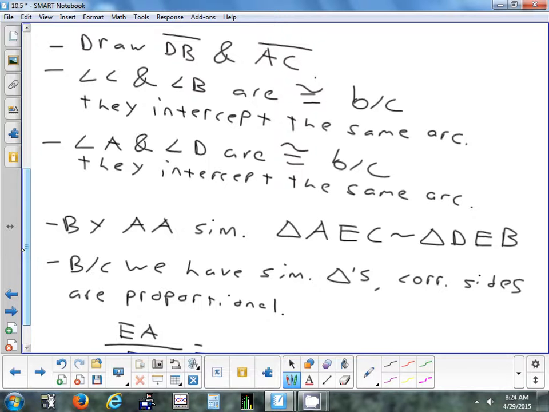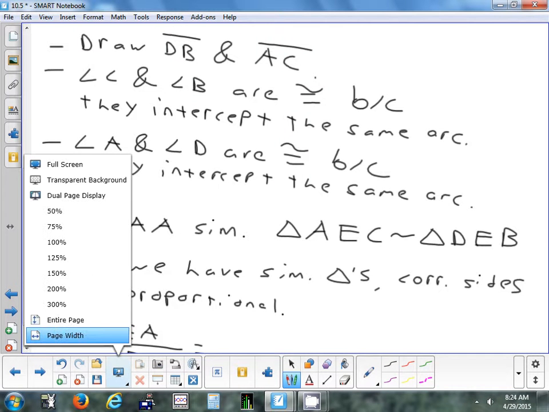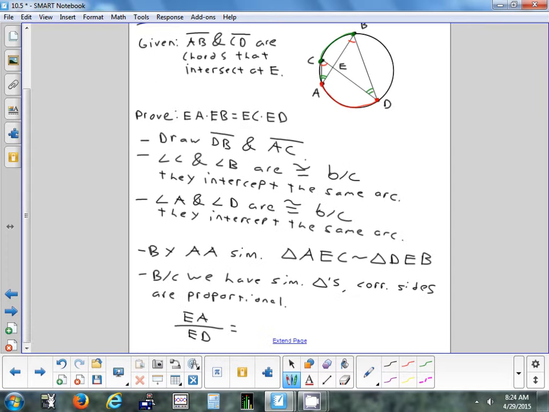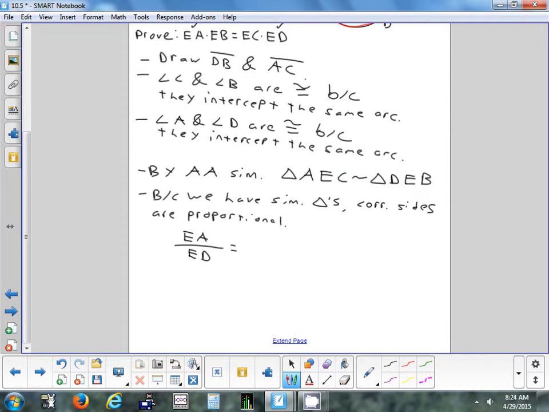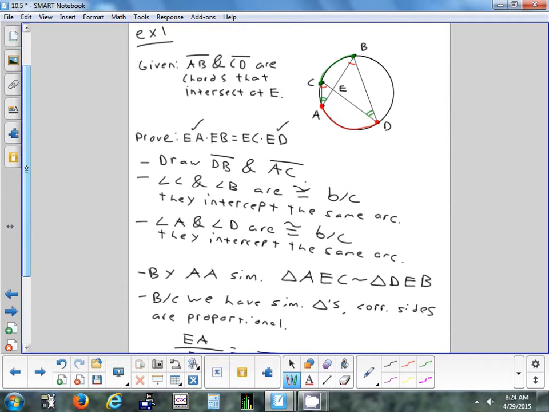Okay, what other side do you think I need to use in the first triangle? It's not EA. We used EA. We've got to use it because we want to see it in the final answer. We used ED. What's another side we're going to use from the first triangle?